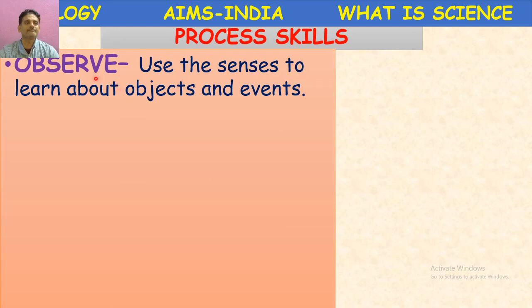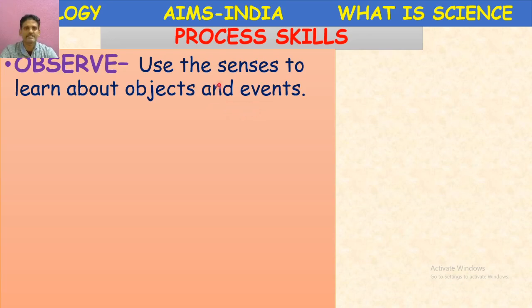The first one, observe. Use the senses to learn about objects and events. You have to use the sense organs. Either you see it, smell it, touch it, or feel it.